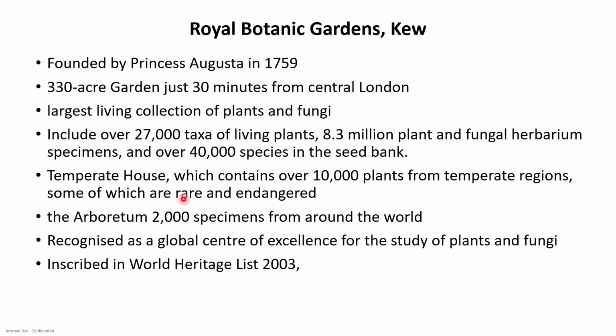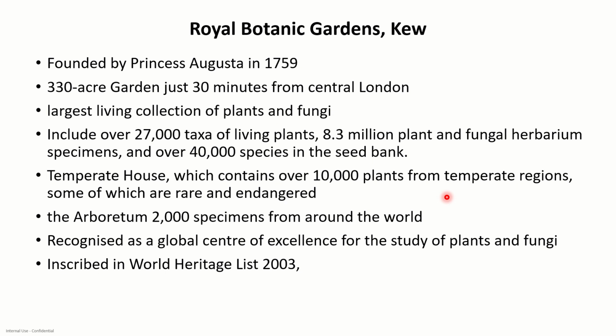It has a temperate house which contains over 10,000 plants from temperate regions, some of which are rare and endangered. So you can understand that, apart from attracting tourists and increasing aesthetic beauty, it is a rich laboratory for botanists, which hosts a huge number of tropical plants, rare plants, so many varieties of seeds, fungi, and so many more.